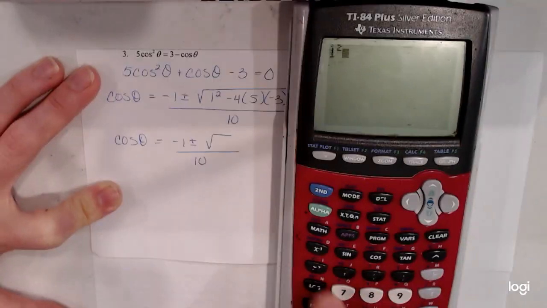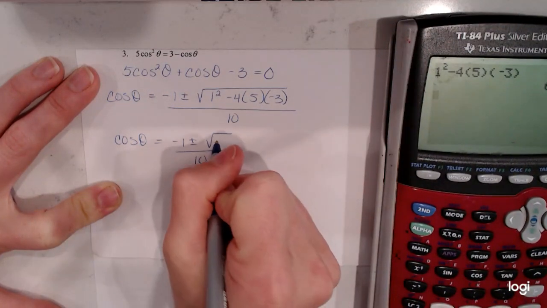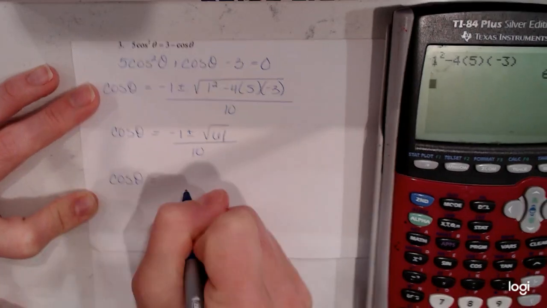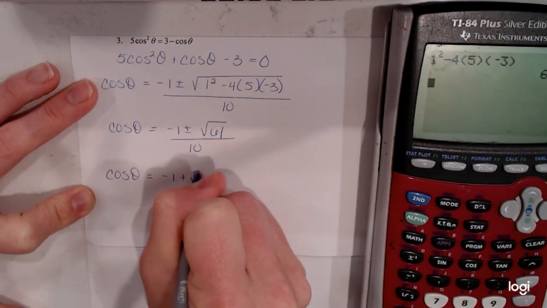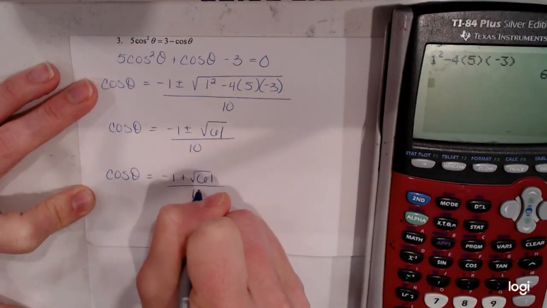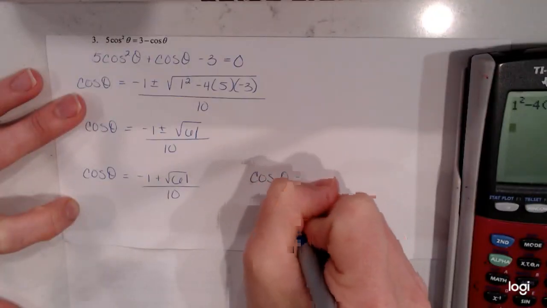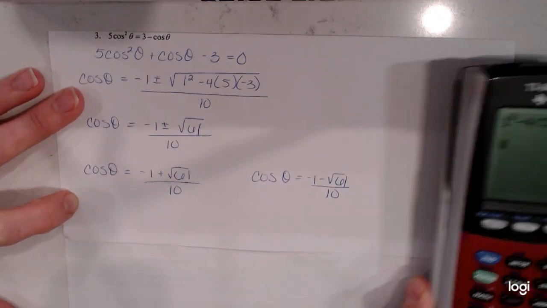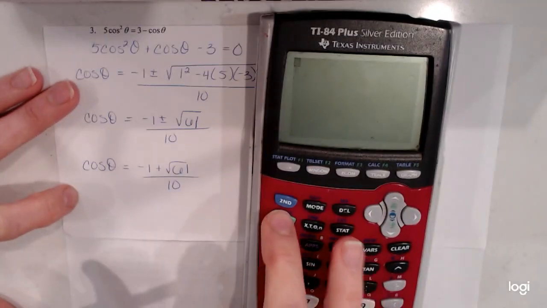So we have 1 squared minus 4 times 5 times negative 3, and we get 61. So we go to our 2 answers. Okay, so I'm going to do the first one.